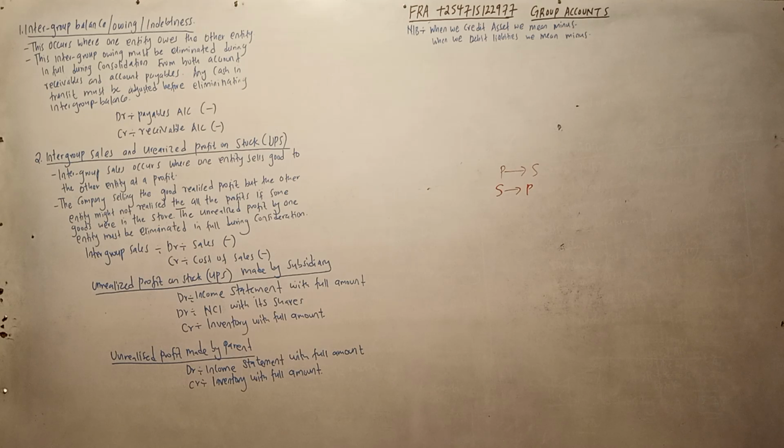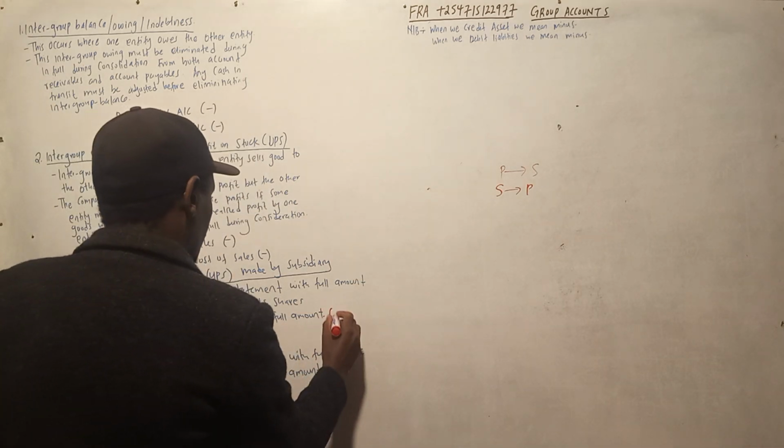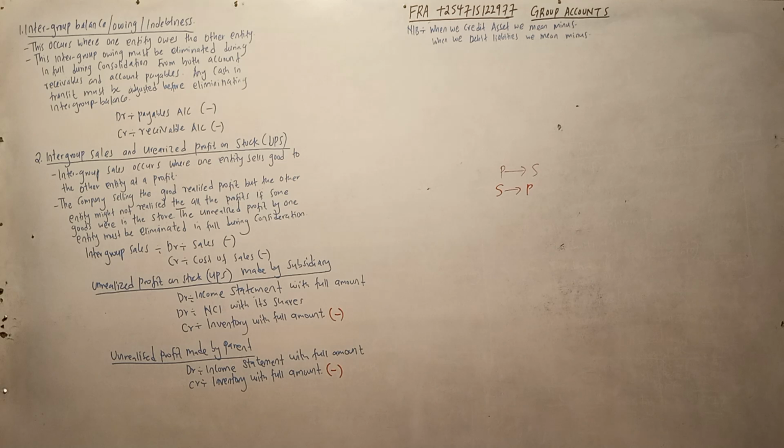When we credit inventory, because it's an asset, it means we minus. And when we debit the income statement with the full amount for the UPS, it means we add them back.